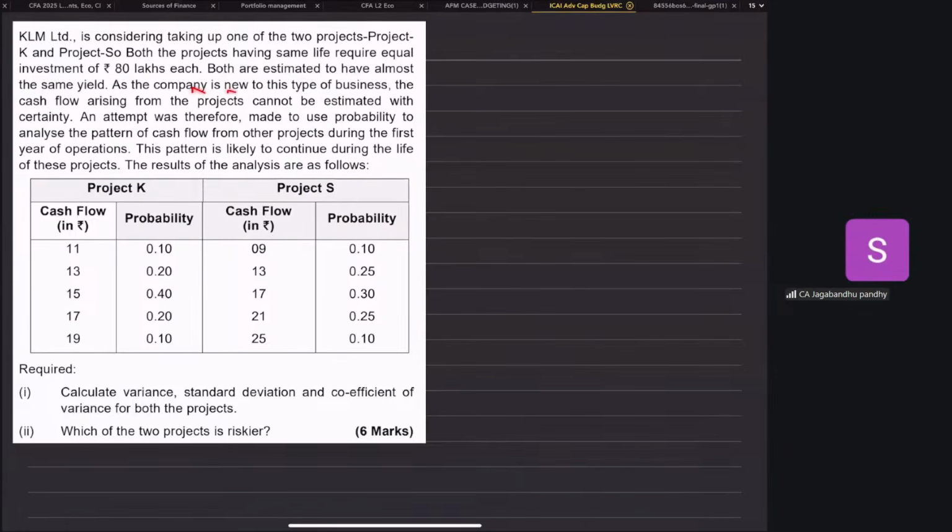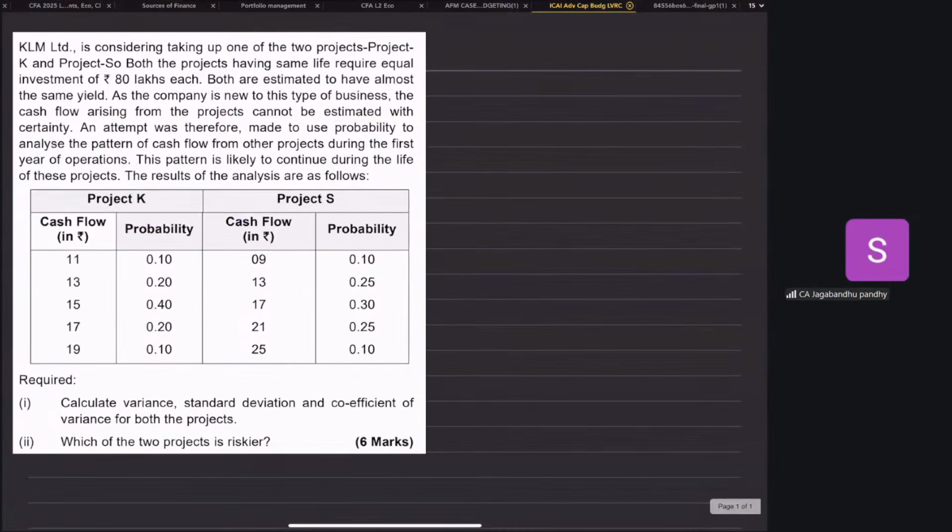As the company is new to this type of business, the cash flow arising from the projects cannot be estimated with certainty. An attempt was therefore made to use probability to analyze the pattern of cash flow from other projects during the first year of operations. This pattern is likely to continue during the life of these projects. The results of analysis are as follows.